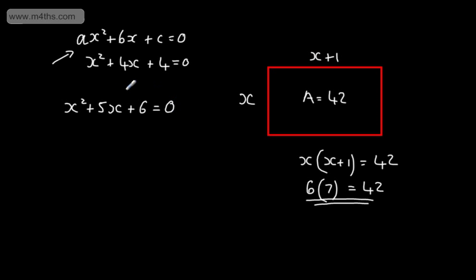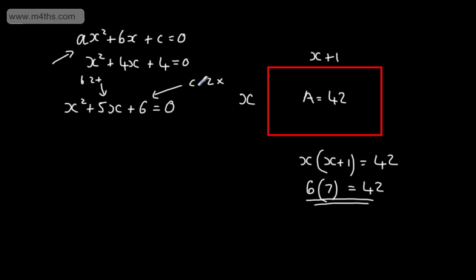The first thing I say to myself is, is it in the form that I want? ax squared plus bx plus c is equal to 0. So we have the x squared, then the x, and then no x. We're looking for two numbers that multiply to give the c. So this is the c term, so two numbers that multiply. And we're looking for two numbers that add to give the b term. So this is the b term, and we need two numbers that add.